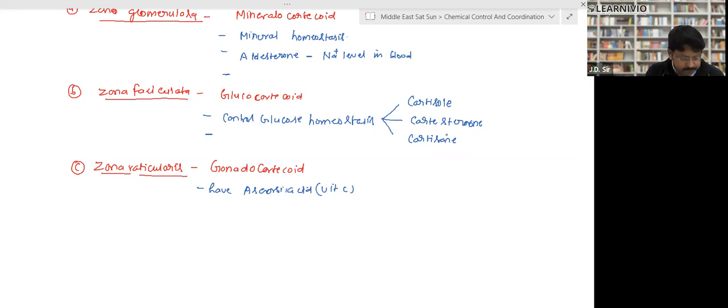It stimulates the liver to synthesize carbohydrate from amino acids and glycerol.